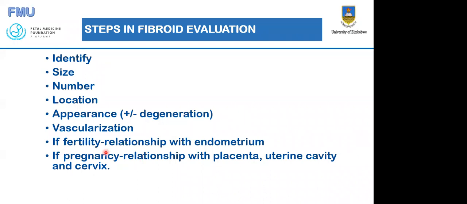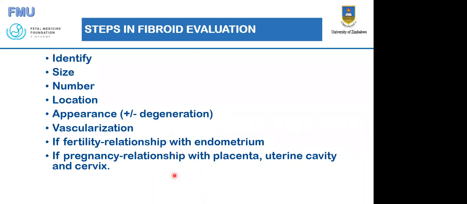If pregnant, then the relationship of the fibroids with the placenta should be mentioned, as well as the uterine cavity, to say, is this fibroid indenting into the uterine cavity? Because if it is, it may interfere with the lie of the baby, if it is big enough. If it is overlaid with the placenta, if it is occupying the retroplacental space, certainly it will interfere with the vascularization of the retroplacental space, and this baby may suffer from late onset fetal growth restriction when the demand is increased.